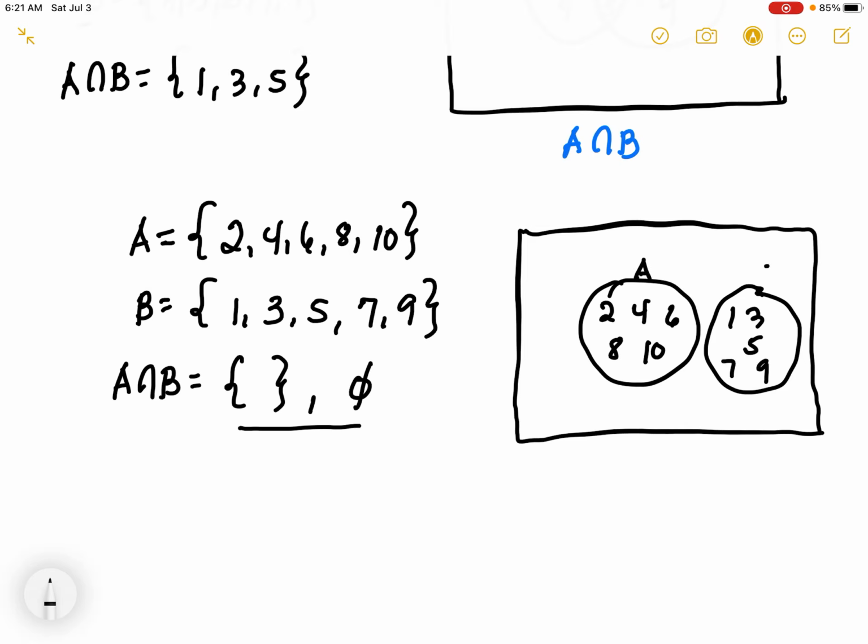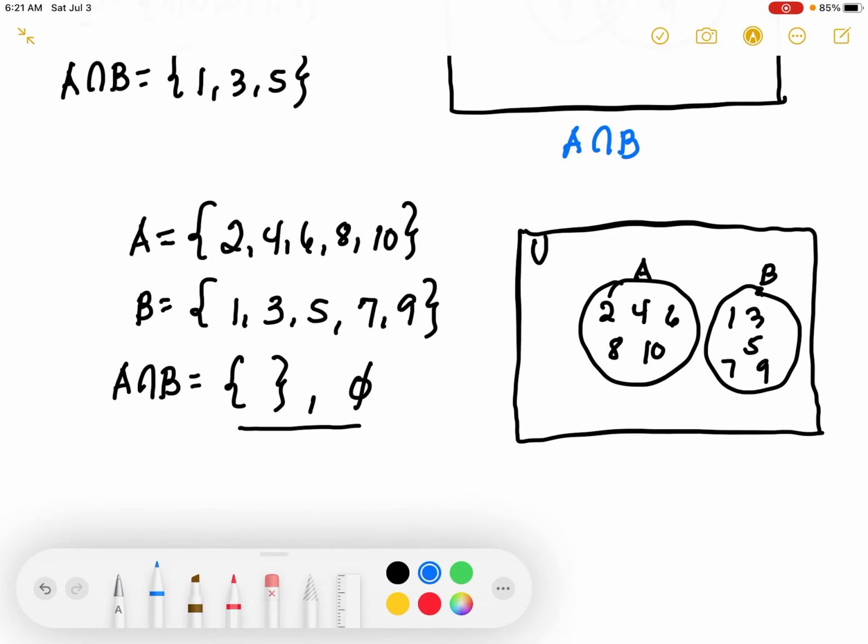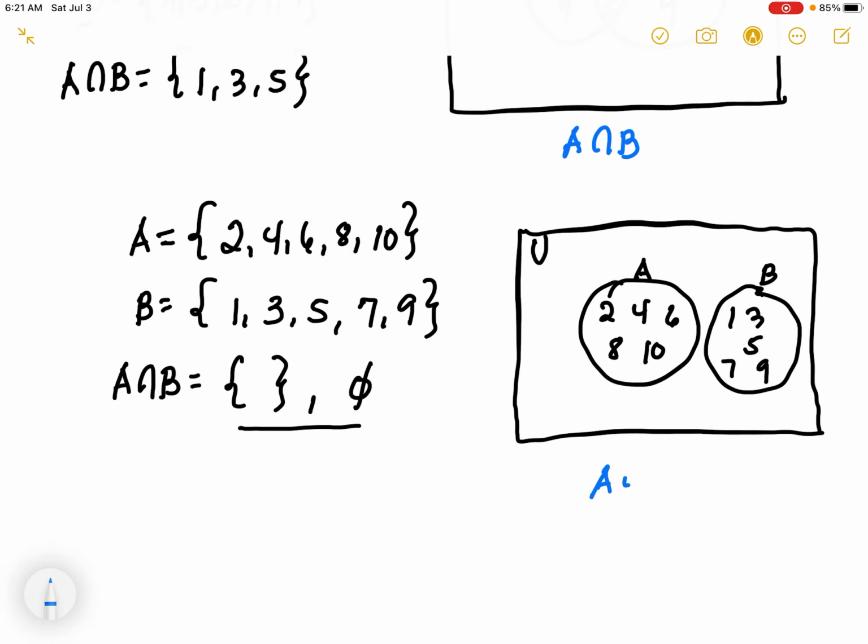Again, this is set A and this is set B. Then we have this universal set. So our A intersection B is the null set or empty set, since there is no common elements to both sets A and B.